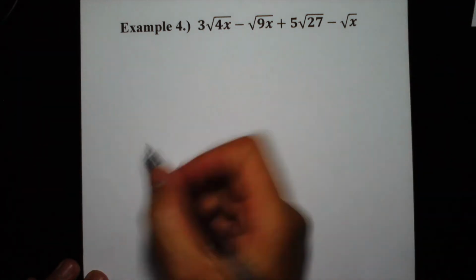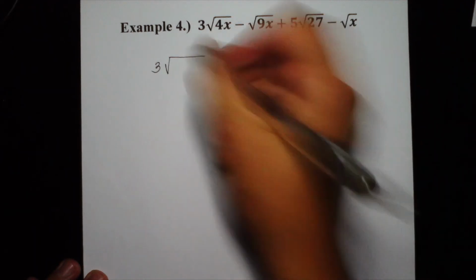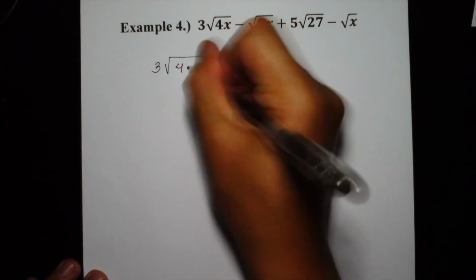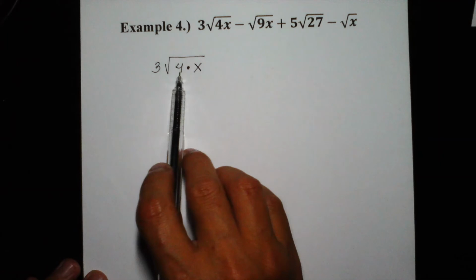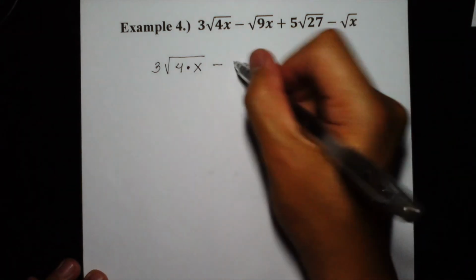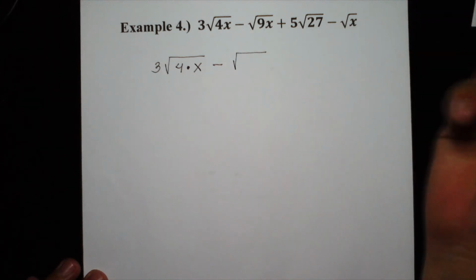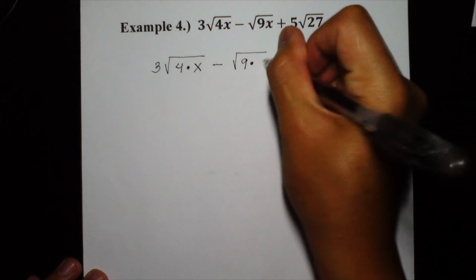Okay, so we have 3 square root of, factor this one, that will be 4 times x. I am just separating them. 4 times x, that will be 4x minus, okay, square root of, factor that one, that will be 9 times x.